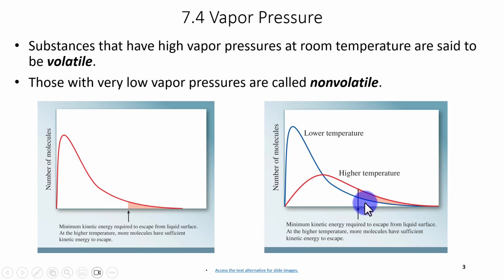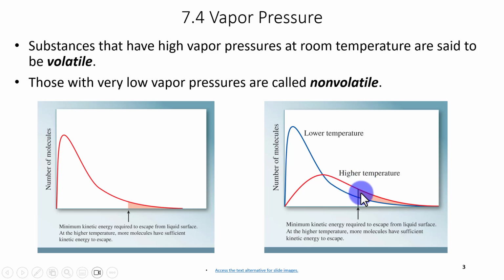All of these particles that are found from the red curve and on now have more kinetic energy than the minimum that is required. And so we increase the number of particles that have enough kinetic energy to overcome those intermolecular forces that keep those particles in the liquid phase. At the lower temperature, it's from the blue curve and downward, this fraction.